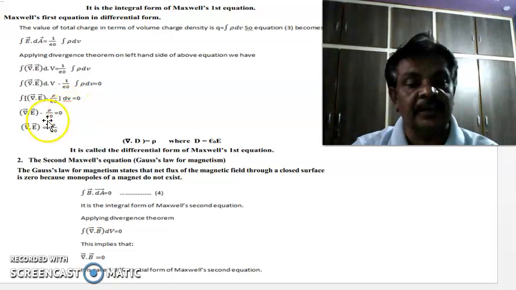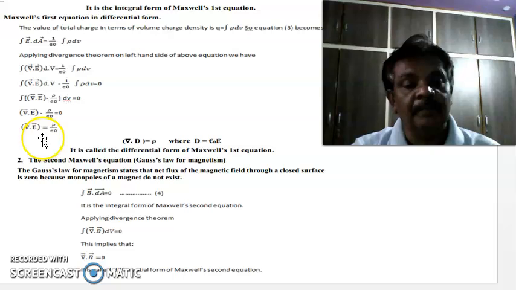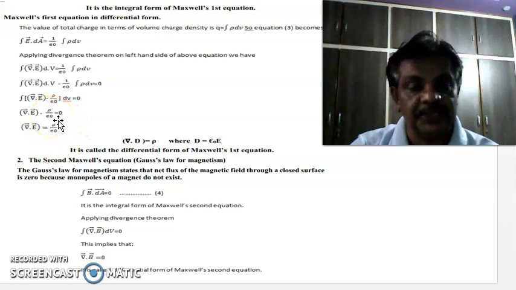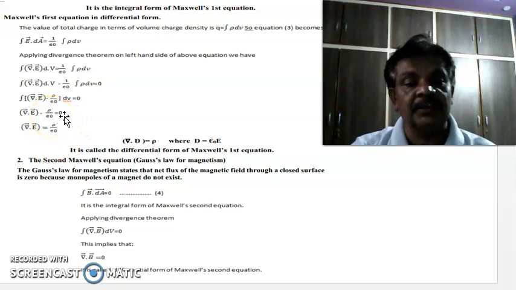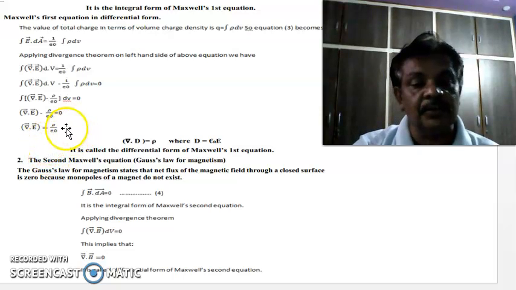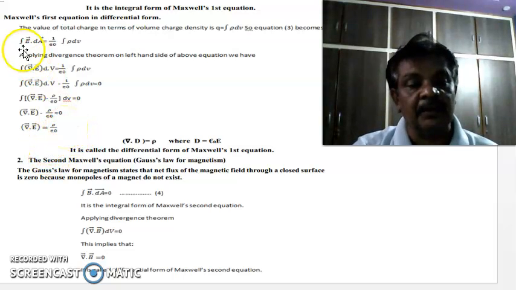Then the integral dV gets cancelled on both sides, hence del dot E bar is equal to rho by epsilon naught. This is called the Maxwell first equation in differential form. Del dot E bar is equal to rho by epsilon naught. The integral form is surface integral E bar dot dA bar equal to 1 over epsilon naught integral rho dV.